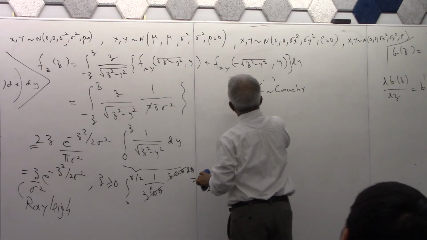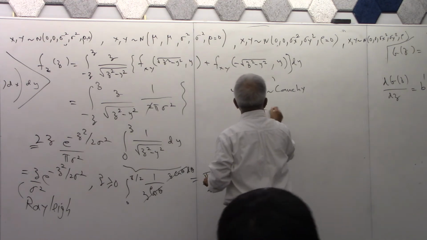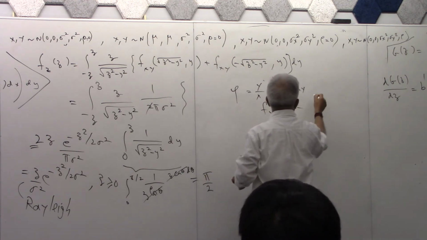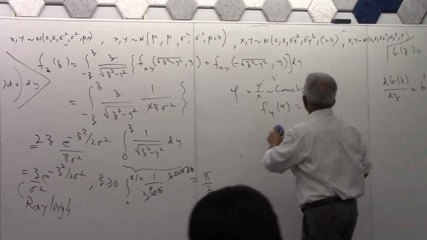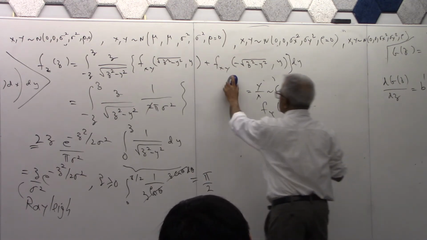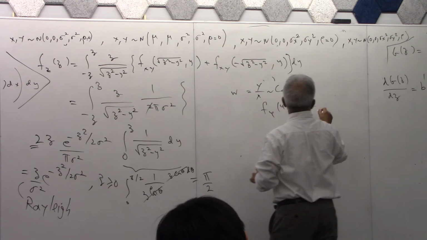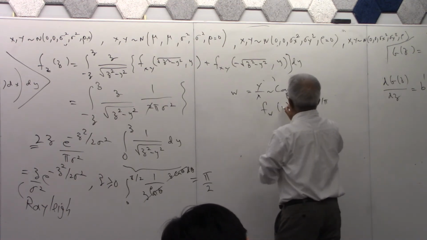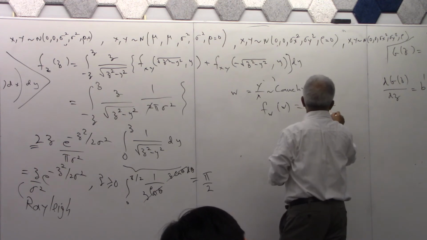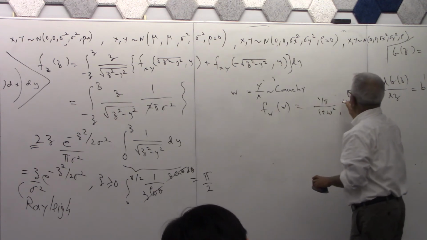So let me call y over x to be, let's say w. And this is Cauchy, right? This is what we studied, we did a little earlier.